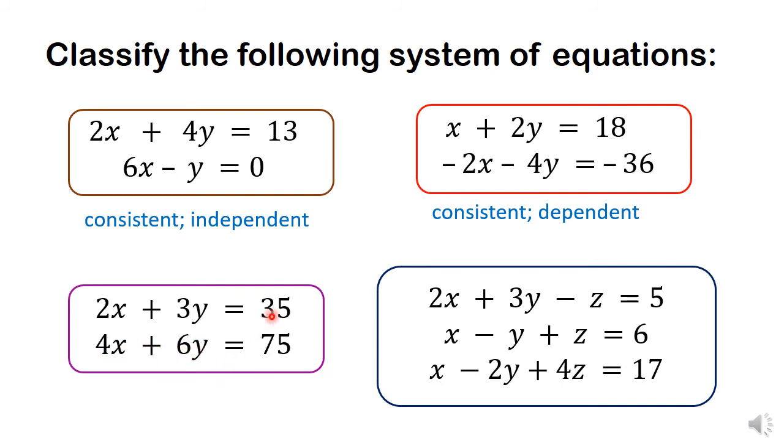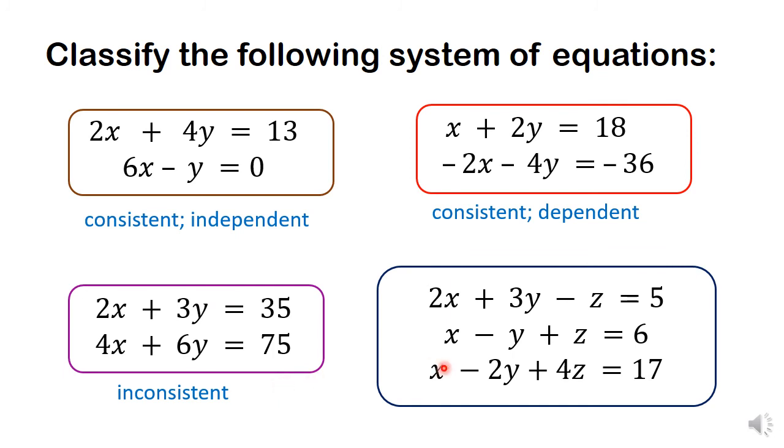Pero pagdating dun sa constant natin, from 35, dapat times 2, this should be 70 para we have at least one solution or magiging dependent siya. Pero yung pattern, no, may pattern sa x tsaka y coefficients, pero for the constant, nasira yung pattern. So somehow we say there's inconsistency. So that's why this system is inconsistent.